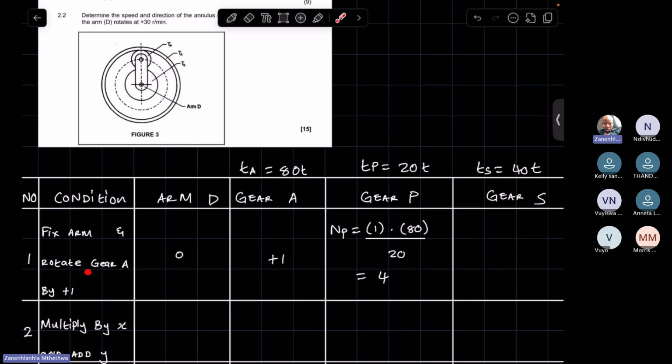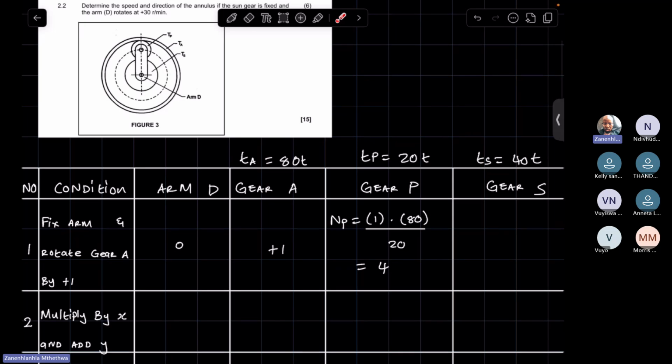Is it going to rotate in the same direction as the annulus, or in the opposite direction, knowing what you know about gears that mesh with the annulus? It will be in the opposite direction.